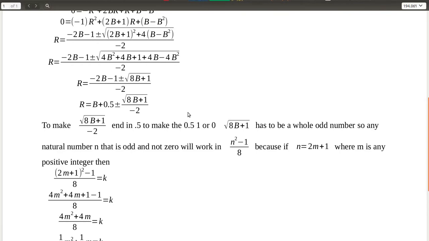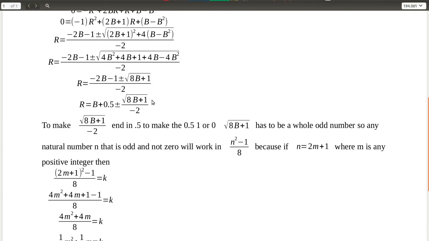With that information, we also can figure out that b has to be a whole number, and the only way to get b to be a whole number is to have 8b plus 1 equal an odd perfect square, because then the perfect square will be odd.